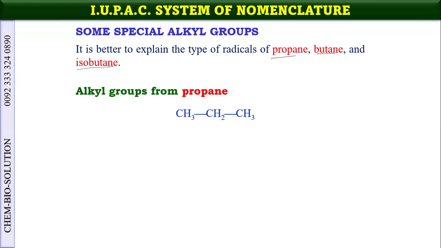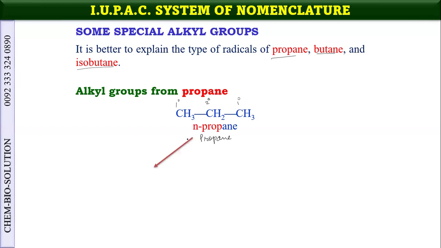Remember that the carbon atom that is bonded to only one other carbon atom is called 1-degree carbon. This is also 1-degree carbon. But this is the 2-degree carbon atom because it is bonded to two other carbon atoms. So there are two different types of carbon atoms, 1-degree and 2-degree. And this is n-propane, or you can write just propane. No problem.